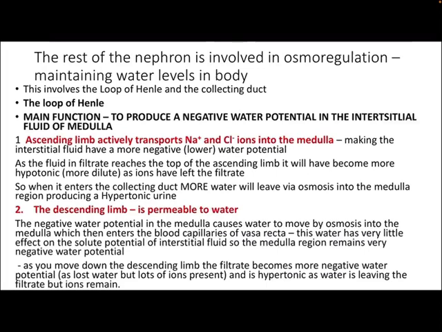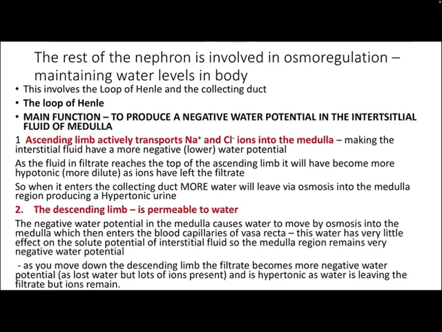How this happens is as follows. First of all, the ascending limb will actively transport sodium and chloride ions into the medulla, making the interstitial fluid have a more negative water potential. So the area surrounding the loop of Henle becomes more negative.